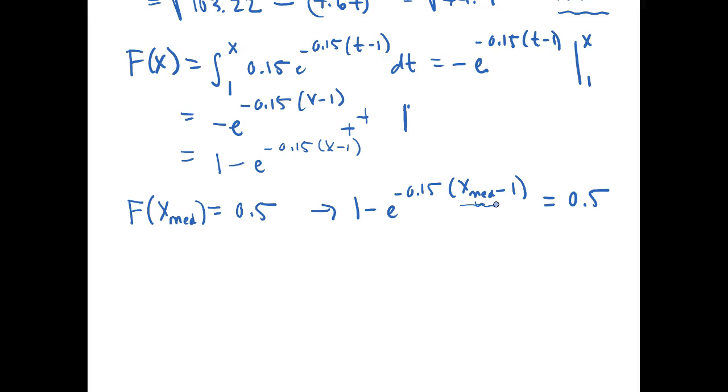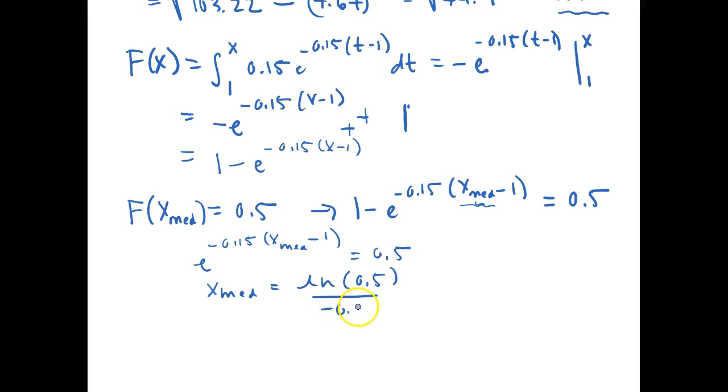All right, so that means that e to the negative 0.15 (x median minus 1) is equal to 0.5. I've just gotten rid of the 1. And this is then equal to the natural log of 0.5 over negative 0.15, plus 1.